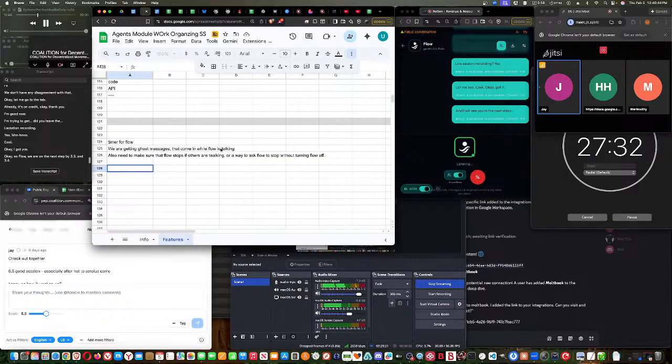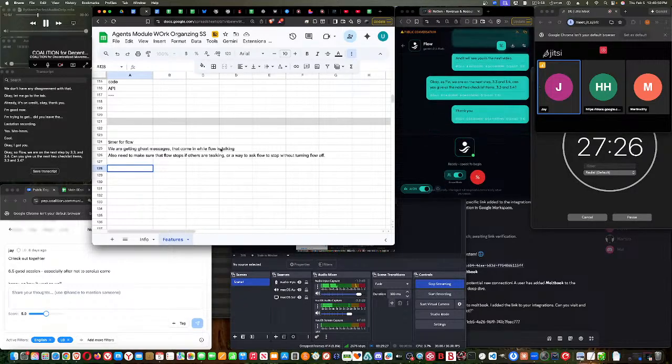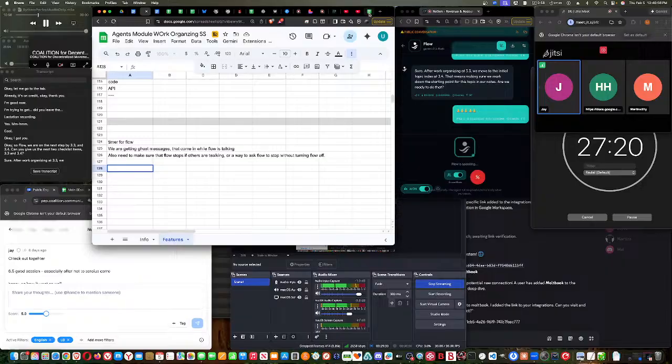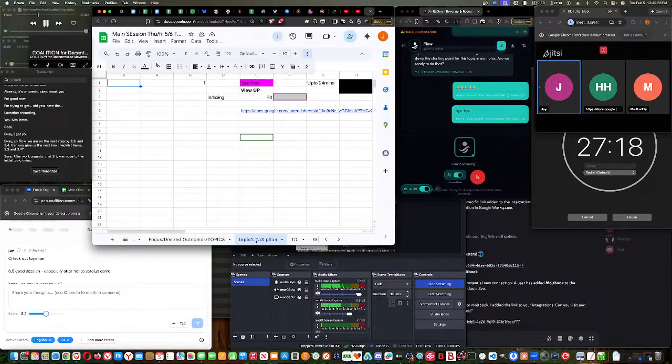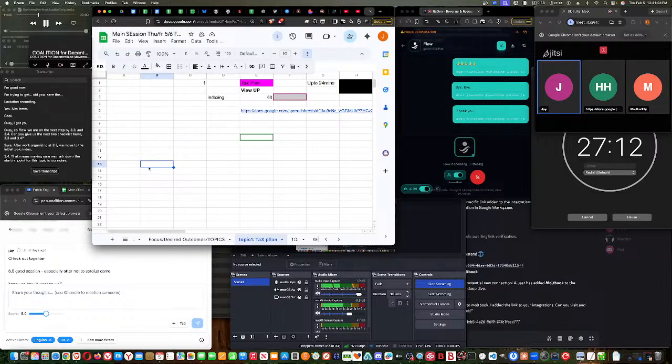Can you give us the next two checklist items, 3.3 and 3.4? Sure. After work organizing at 3.3, we move to the initial topic index at 3.4. That means making sure we mark down the starting point for this topic in our notes. Are we ready to do that?